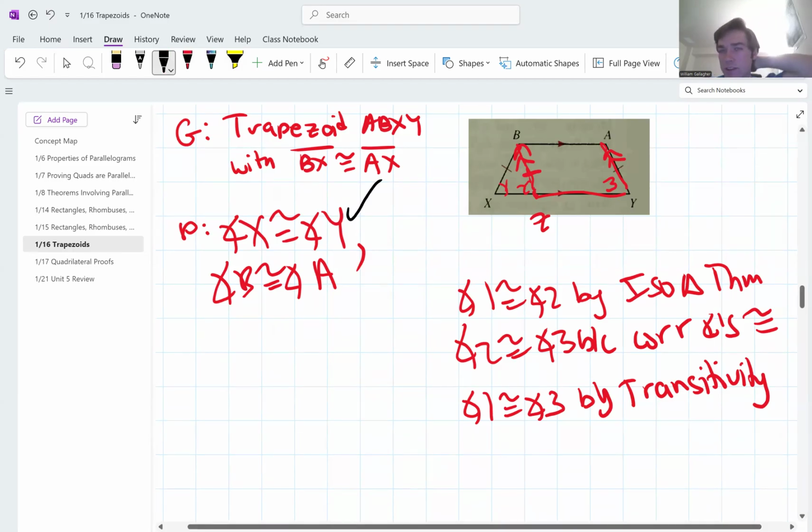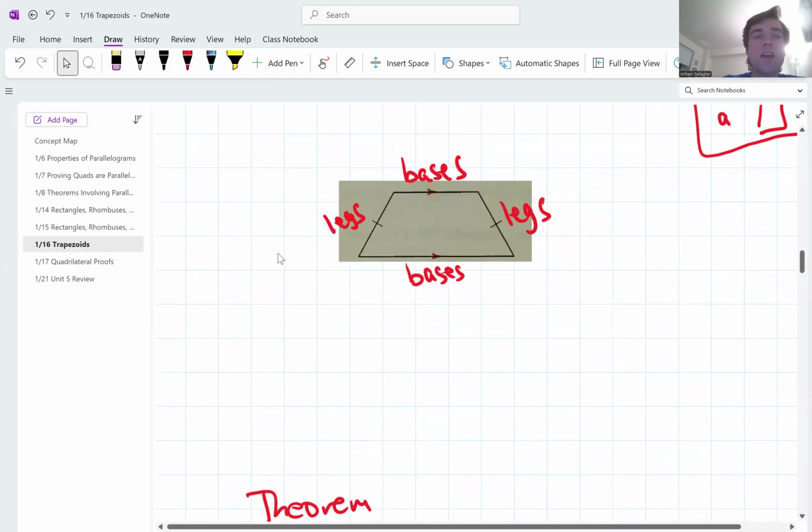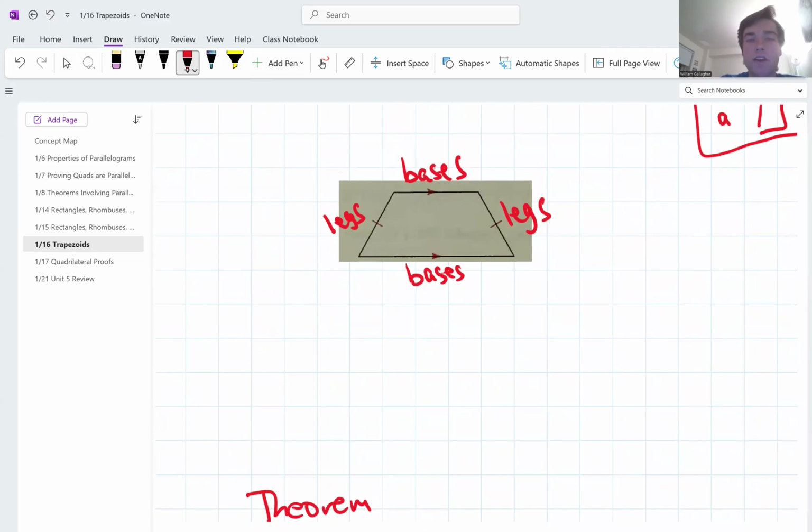Now let's talk about B and A. If I come back up here for a second, remember that these pairs of lines are parallel.